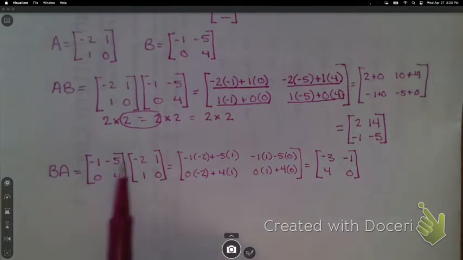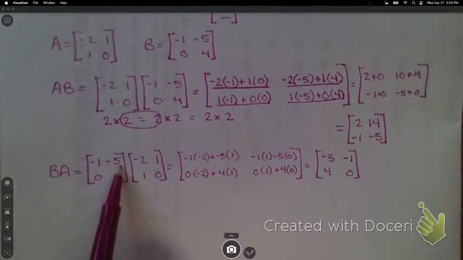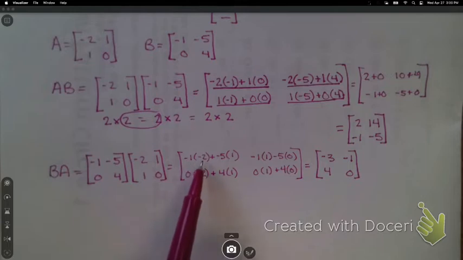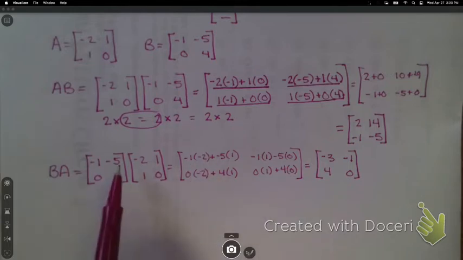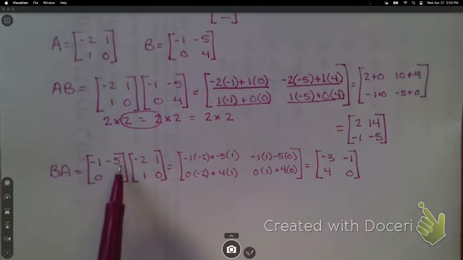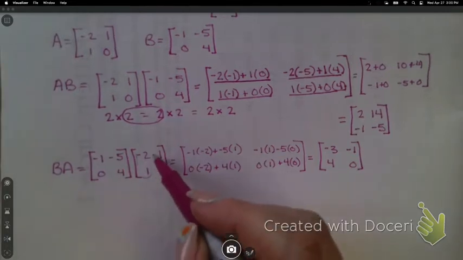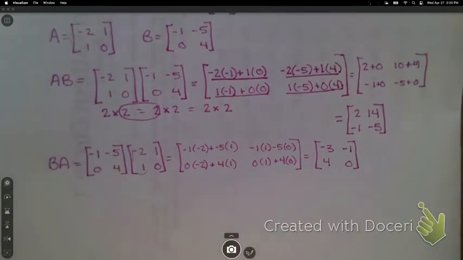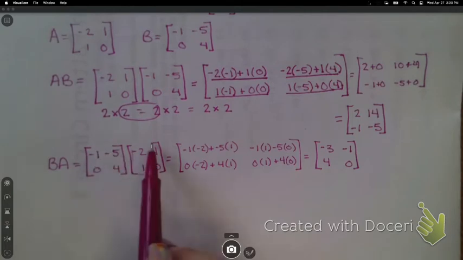Okay, yeah, I'm confused. So row times column. So negative 1 times negative 2. Negative 1 times negative 2, plus negative 5 times 1. Wait. Okay. Row times column. You know the next one. 0. So then you have to do the first row times the second column.